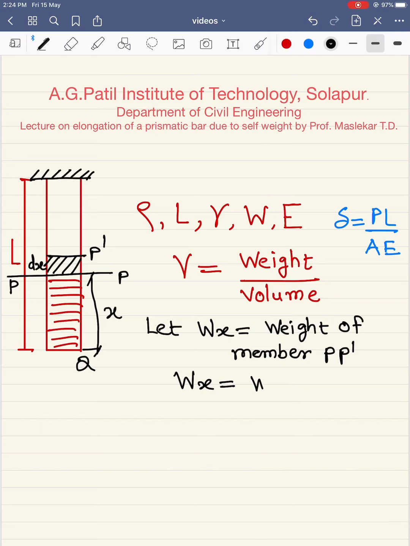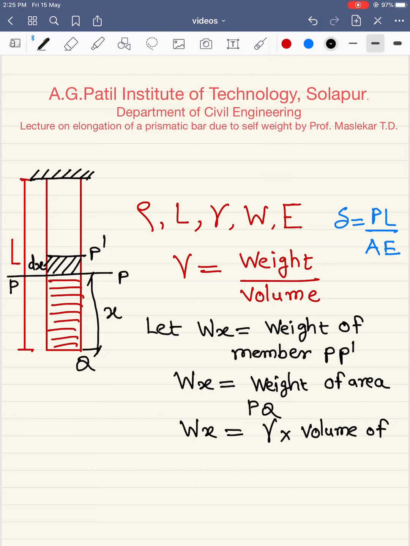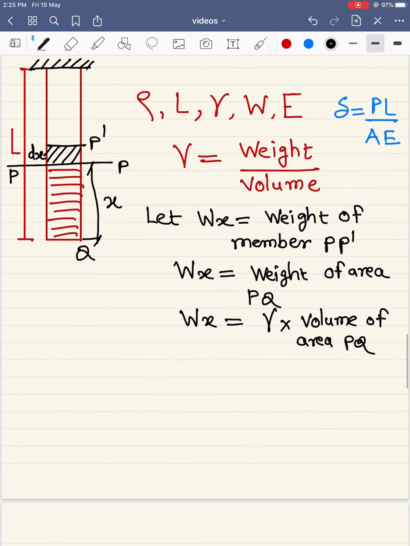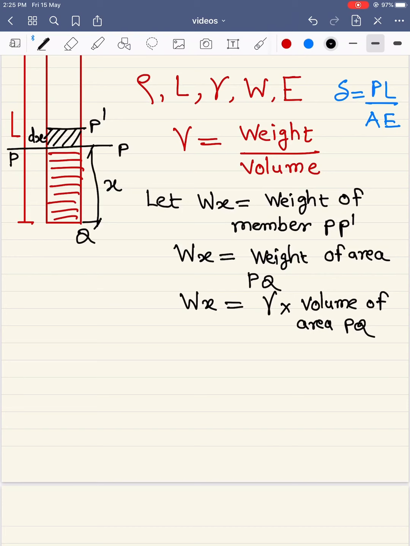Weight of area PQ. So here by using the formula of weight density, I can write weight Wx is equal to gamma into volume of area PQ.